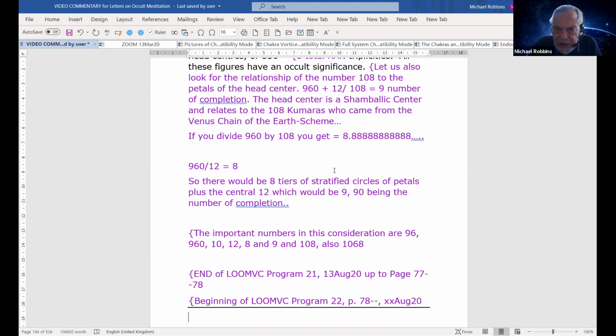And I'm realizing that in order to find a path into the numerology of the head center, we have to follow these hints and do so meticulously. It's pretty clear that there is a cone-like structure on top of the head.